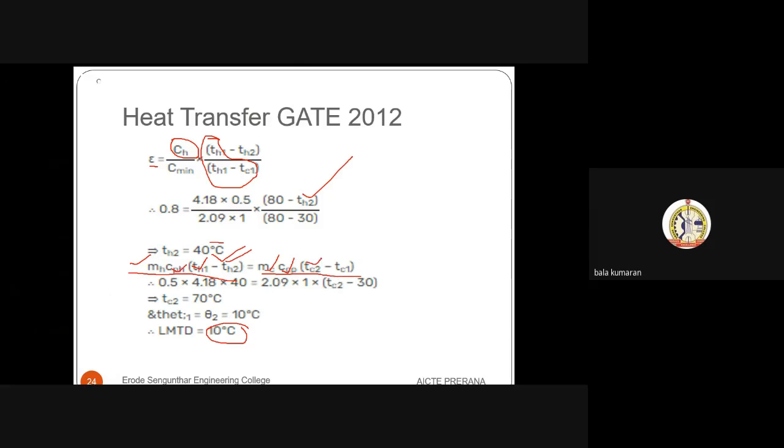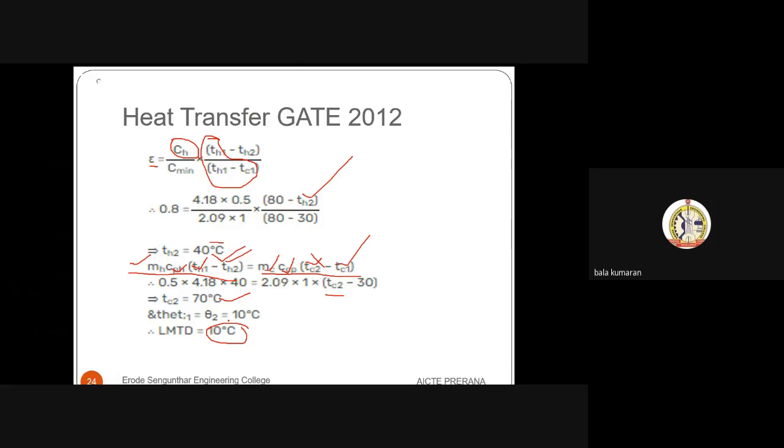These two values have been found. This value is not given and this value is given, right? By applying that, we are going to find the Tc2 value. Just cross multiply and find the answer, and the answer will be 70 degrees Celsius. So, by comparing, the answer will be 10 degrees Celsius.